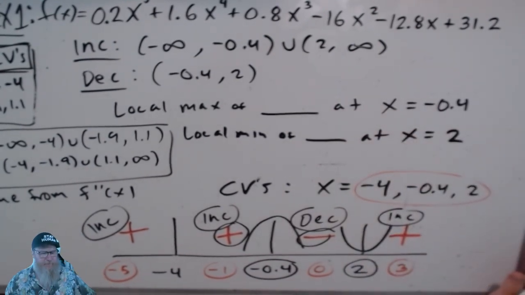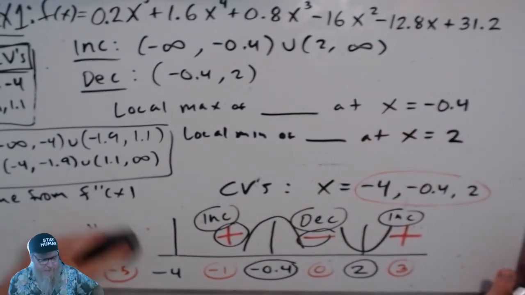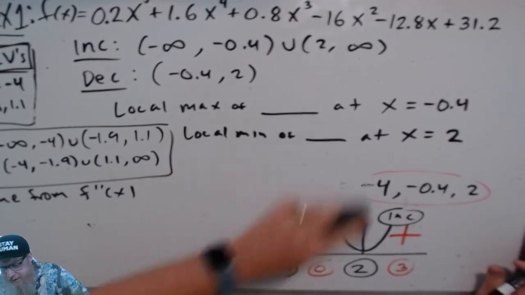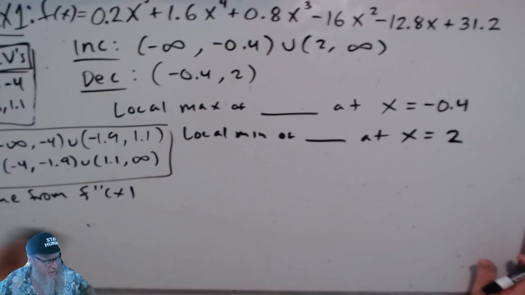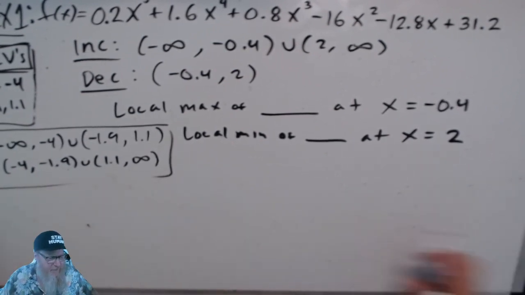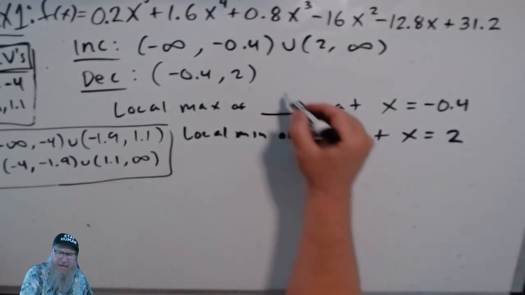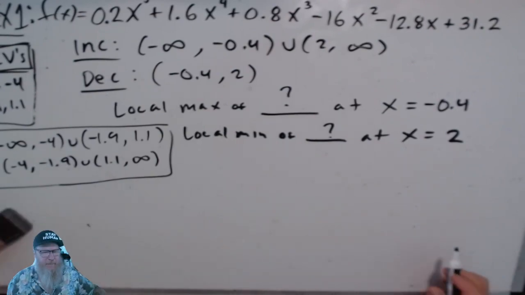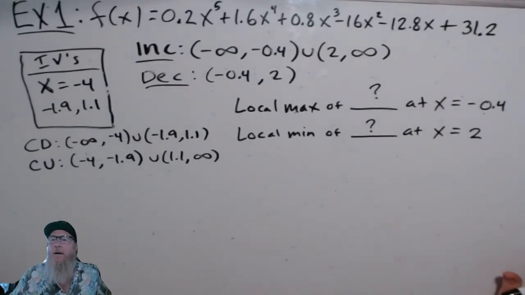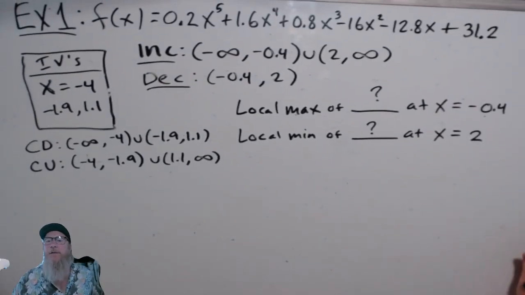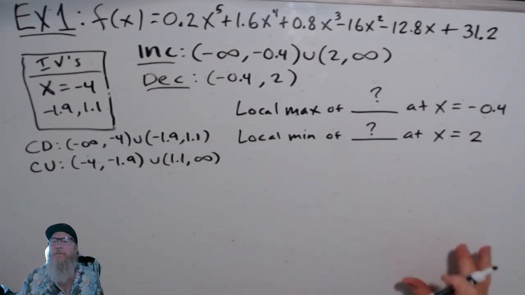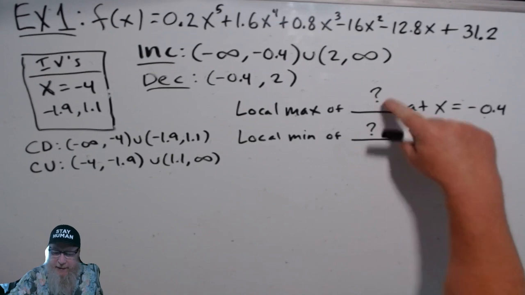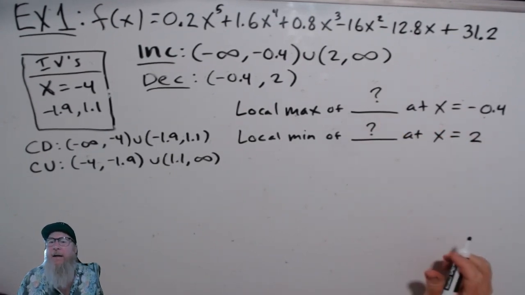All right, so we're ready to start graphing. I do need to find these values very quickly. Let's adjust the screen a little bit and try to get all this information in here. The last thing we need to do is figure out the y values.